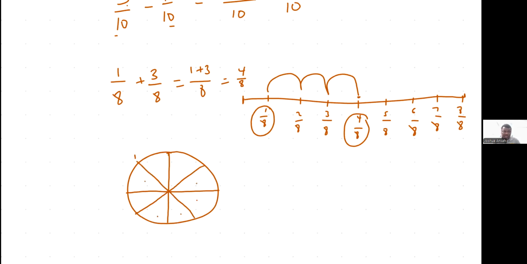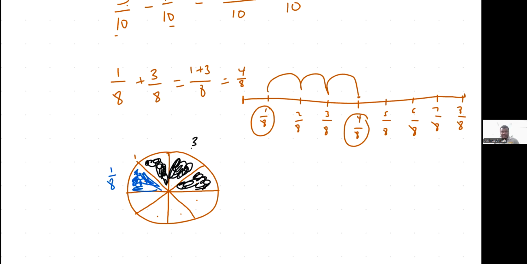I take one part, which is 1 out of 8, and then another person takes another part, 3 out of 8.